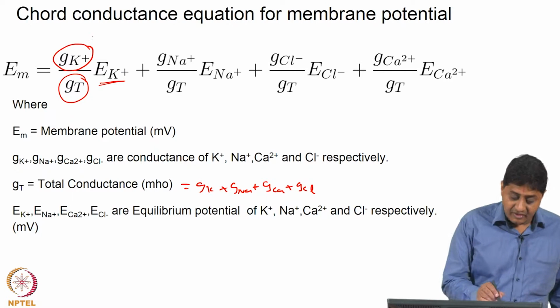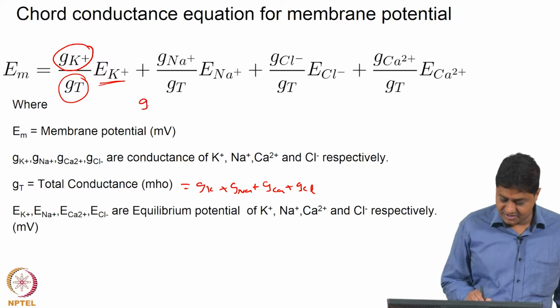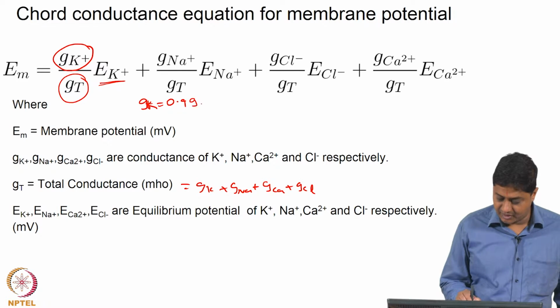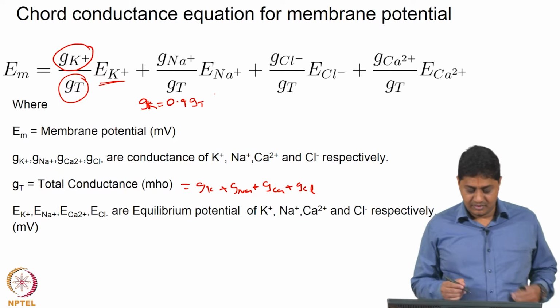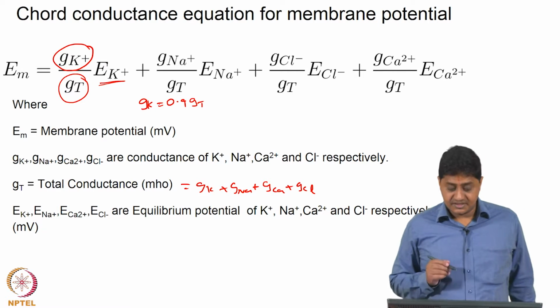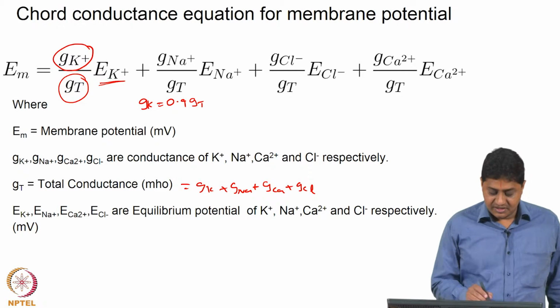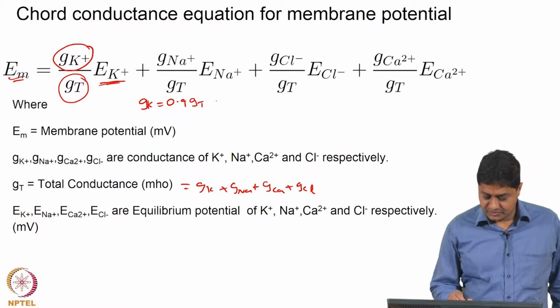So, if a lot of the total conductance comes from Gk, say Gk is equal to 0.9 times Gt approximately, let us say 90% of the conductance comes from the potassium conductance, then you would expect Ek to be closer to Em.